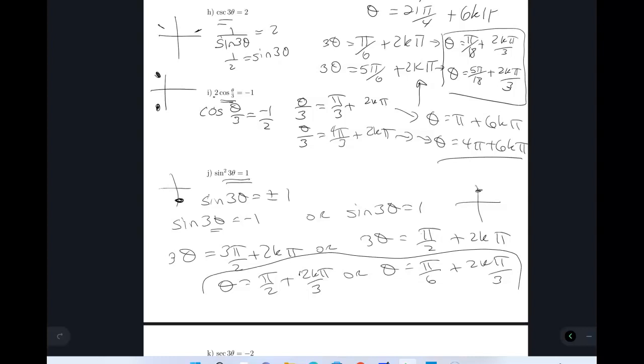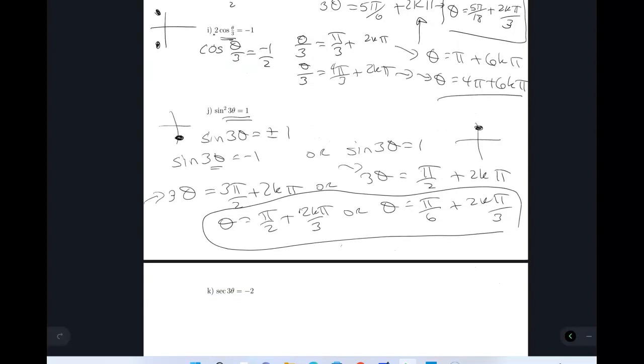That would be a fine answer, but can you see from these two here how we could combine them? So 3 theta is this, or 3 theta is this. So I think we could say 3 theta is pi over 2 plus k pi, and that would give us pi over 6 plus k pi over 3. Either one of these answers is good.